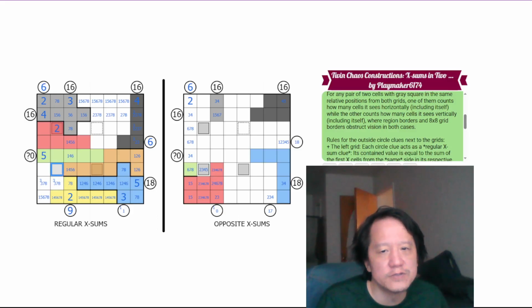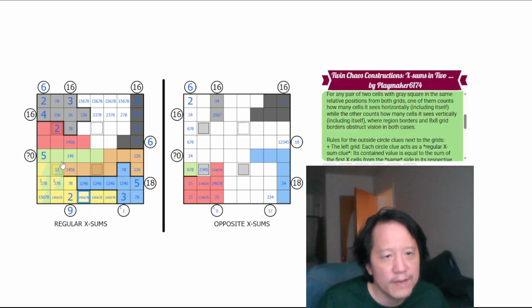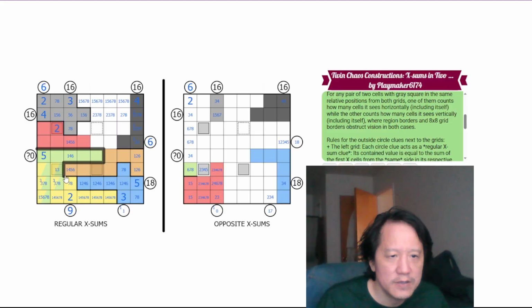So either way, this is 1 or 3. So we have green and yellow as some combination here. So we're not even limited that way. But these are limited by a certain amount.